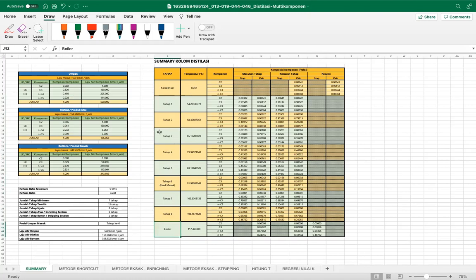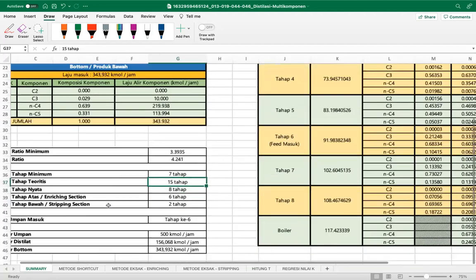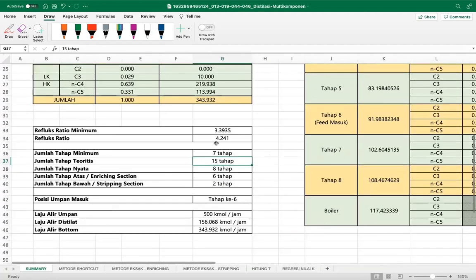So in the exact method they get 9 stages, while from the shortcut method they have 15. That's fine, because the shortcut method is only rough, just a prediction. Jadi hanya untuk menebak saja. So the real fit is actually nine stages.